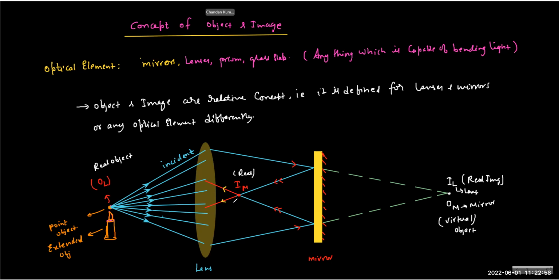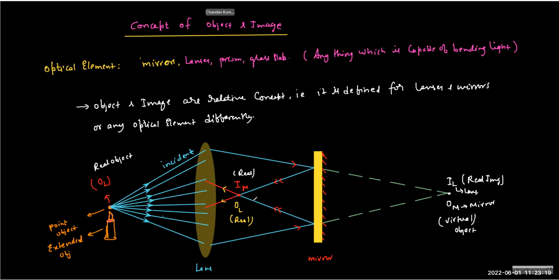Now the red one, the light which you can see, is again the incident light for the lens, isn't it? So this point will also act as the object for the lens. And which kind of object? Real.